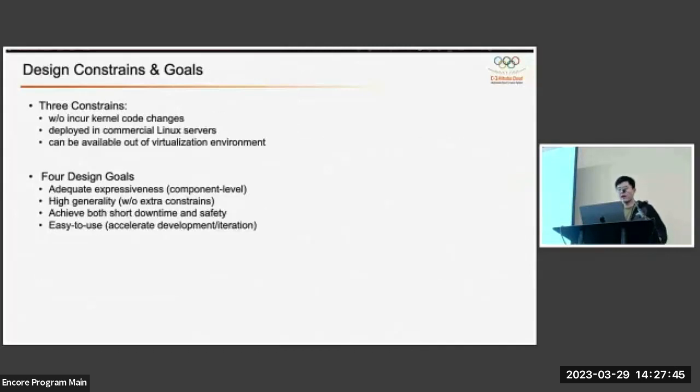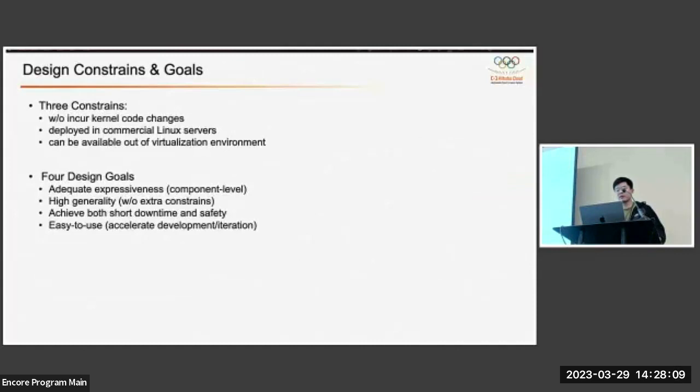In our design, we should consider three constraints. First, it shouldn't incur kernel code changes. Second, it should be able to be deployed in Linux servers. And third, it shouldn't be only available in the virtualization environment. Thus, we have four goals to achieve.